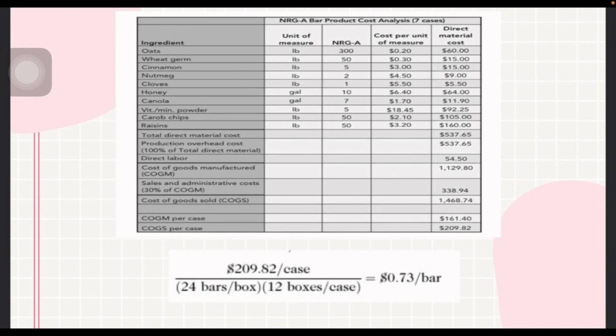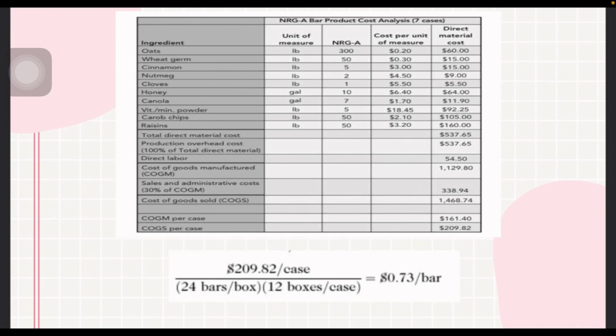To get the direct material cost for that ingredient, we multiply the number of pounds of material by the unit cost. Therefore, the total direct material cost of oats is $60, because 300 times 0.20 is equal to 60.